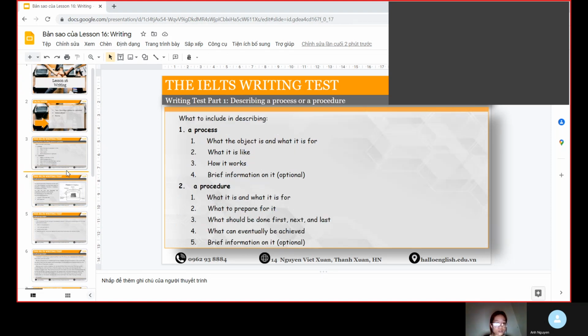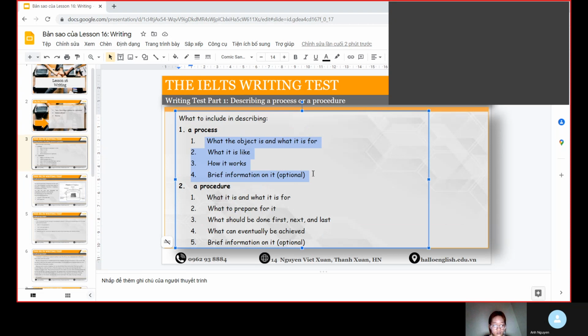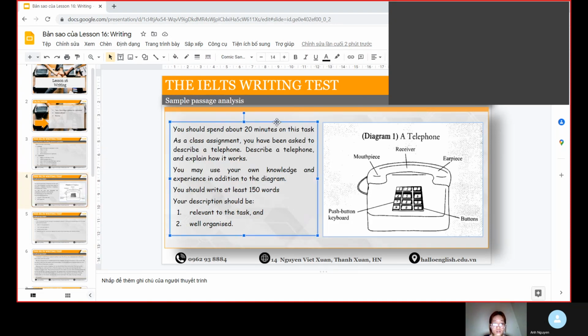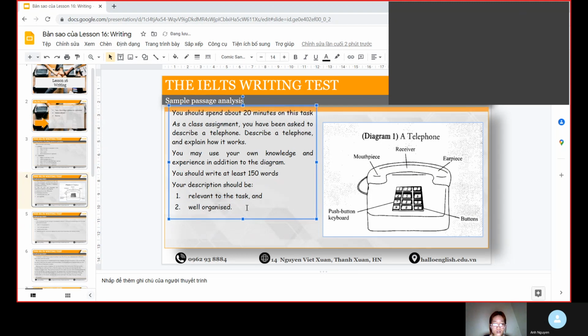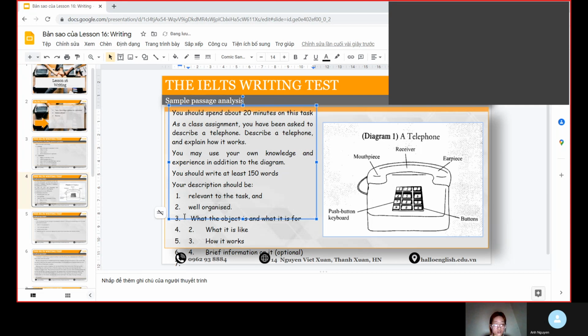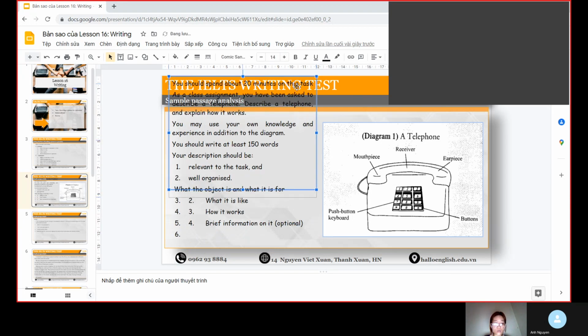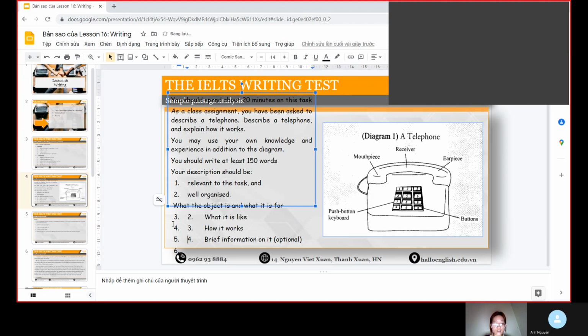Okay, I'll add the questions here. Can you see the questions down here? You'll have to answer these 4 questions in order to describe this diagram.